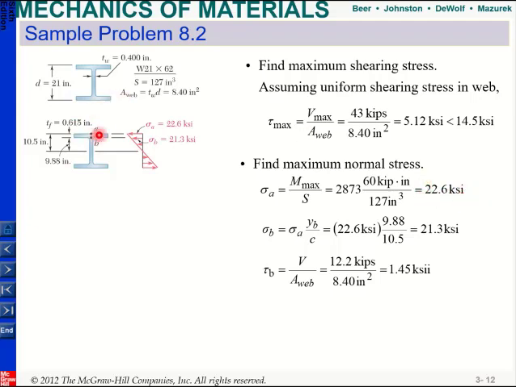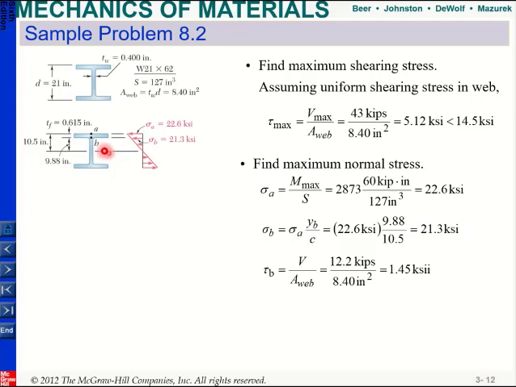I don't have any shear because it's the top surface. Then I look at point B. I can find my normal stress there by using this equation, since it changes linearly. I know the location of yB, so my normal stress at B equals my normal stress at A times yB divided by c. If you do that, you will find that the normal stress is 21.3 ksi.